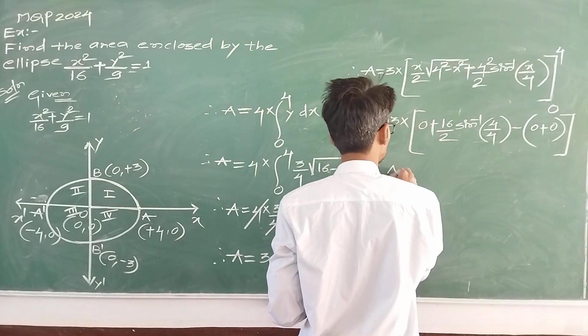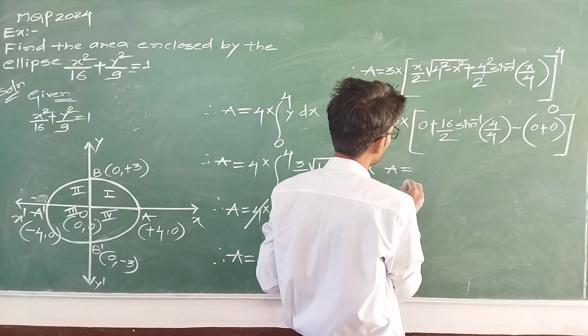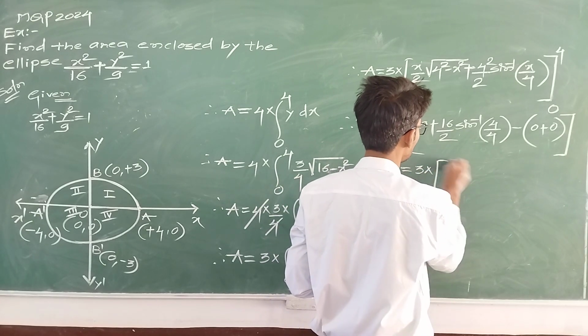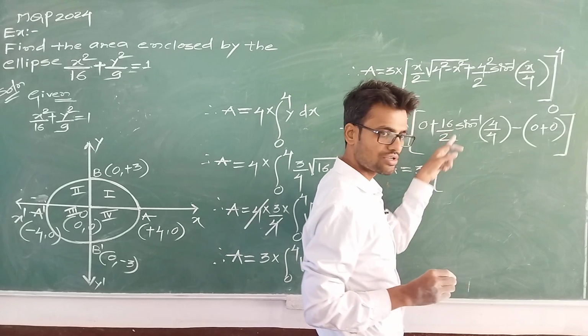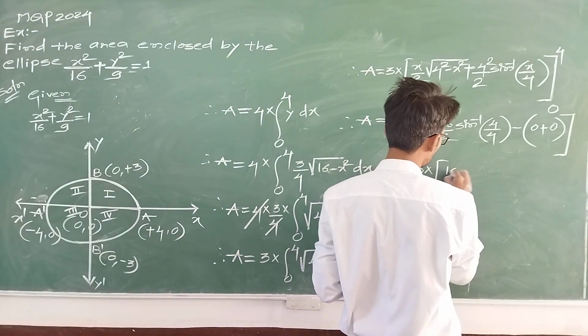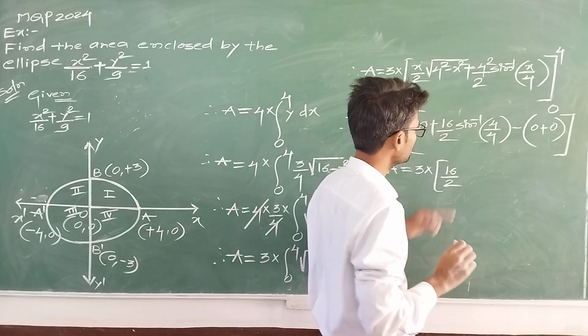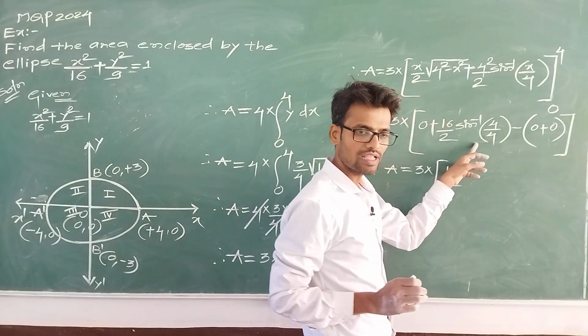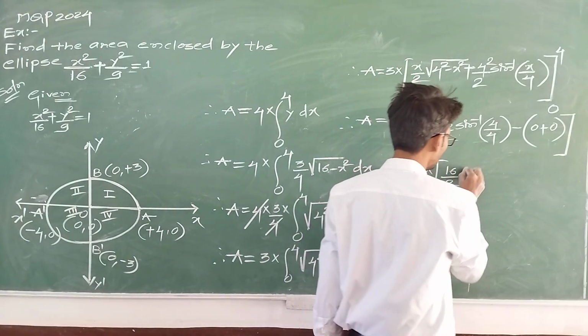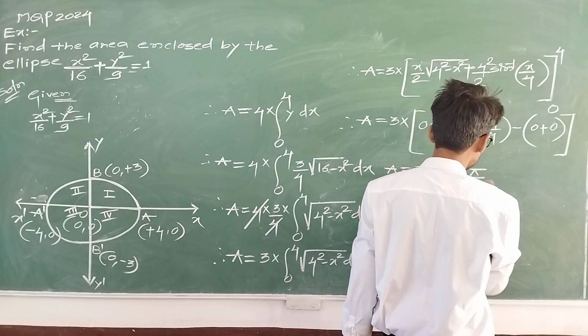So therefore A equal to 3 into 0 plus 16 by 2. You write 16 by 2, don't simplify it, write as it is. Sin inverse of 4 by 4 is sin inverse 1, and sin inverse 1 is pi by 2.